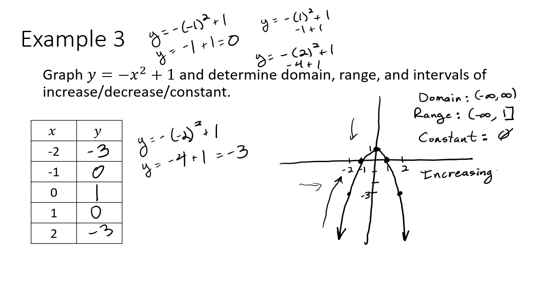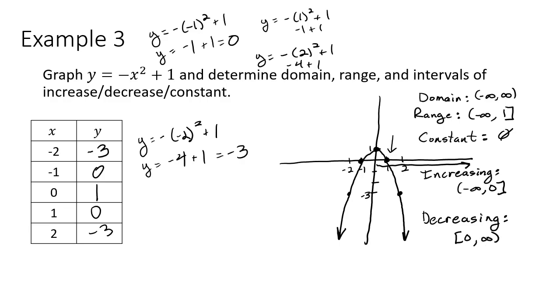So this one is increasing from -infinity up to an x value of 0. And to the right of the vertex, the y values are getting smaller, the graph is falling. So it is decreasing from an x of 0 to +infinity.